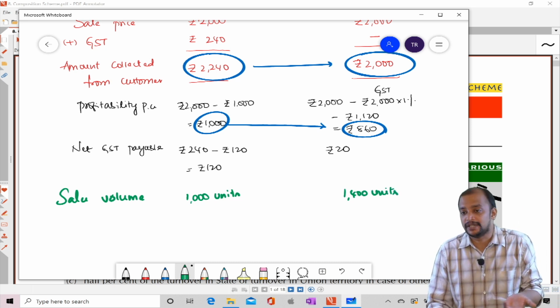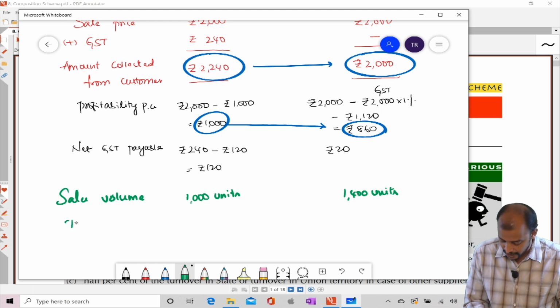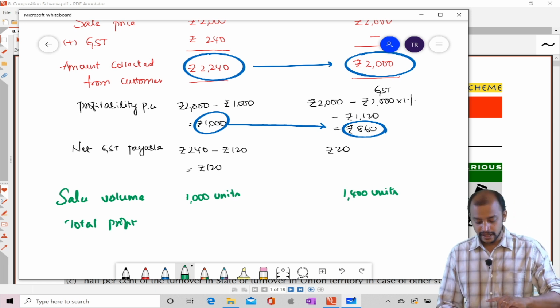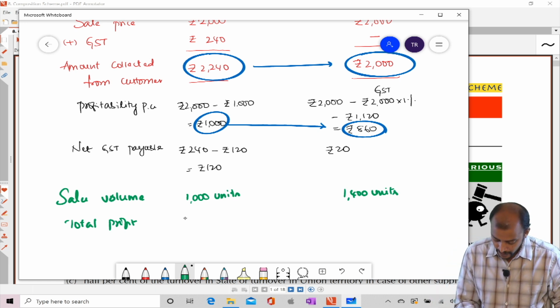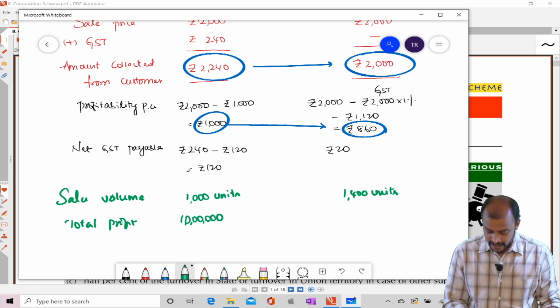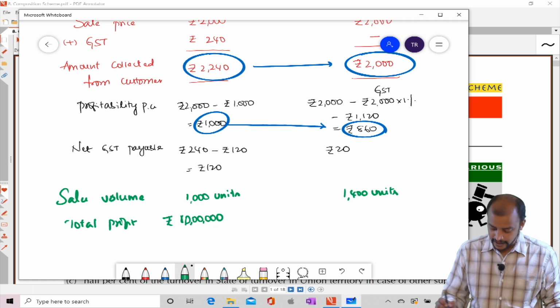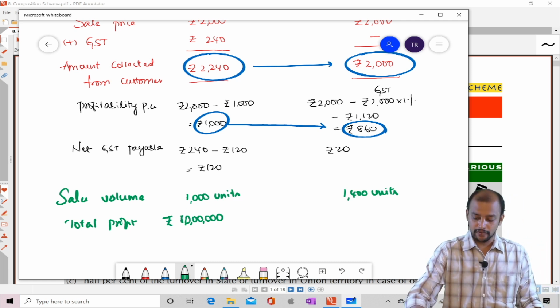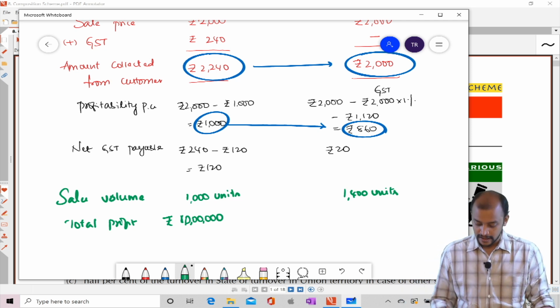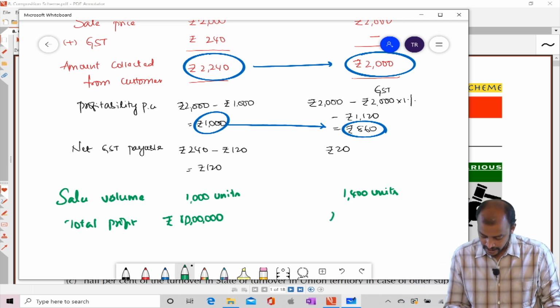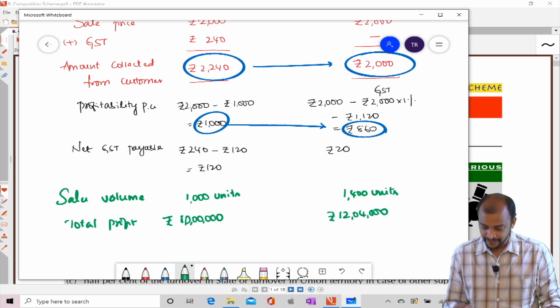Now see the profitability. What is the total profit? Here it is 1000 into 1000, that is 10 lakhs, whereas here it is 1400 into 860, that is rupees 12 lakh 4000.